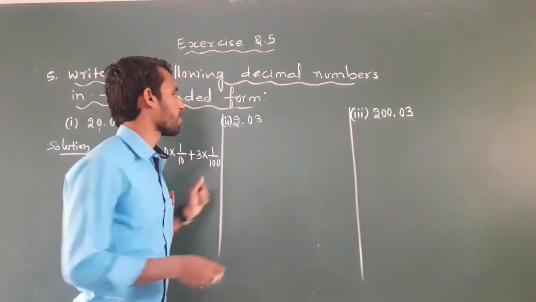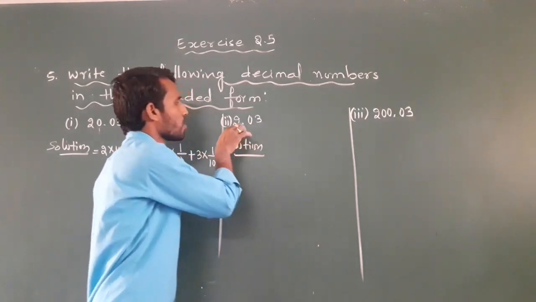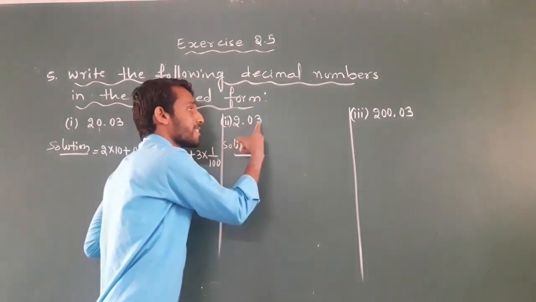Next, second problem. When we write the expanded form of this decimal number, see here, 2 is the 1's place, this is the 10th place, this is the 100th place.